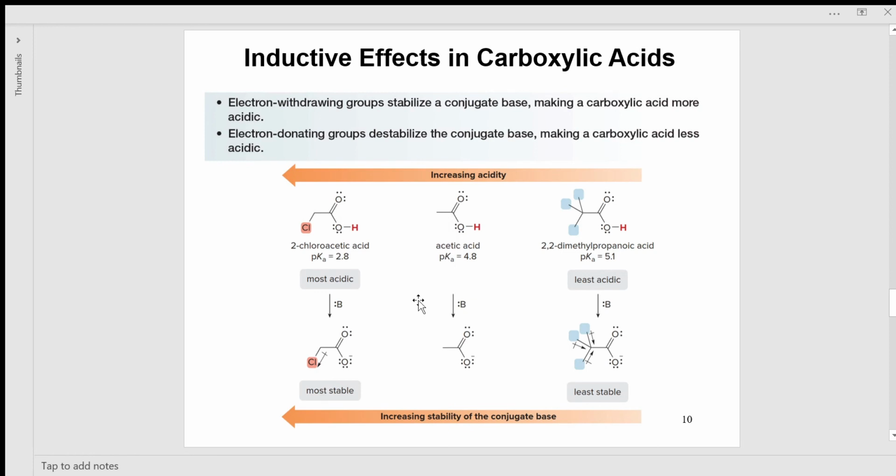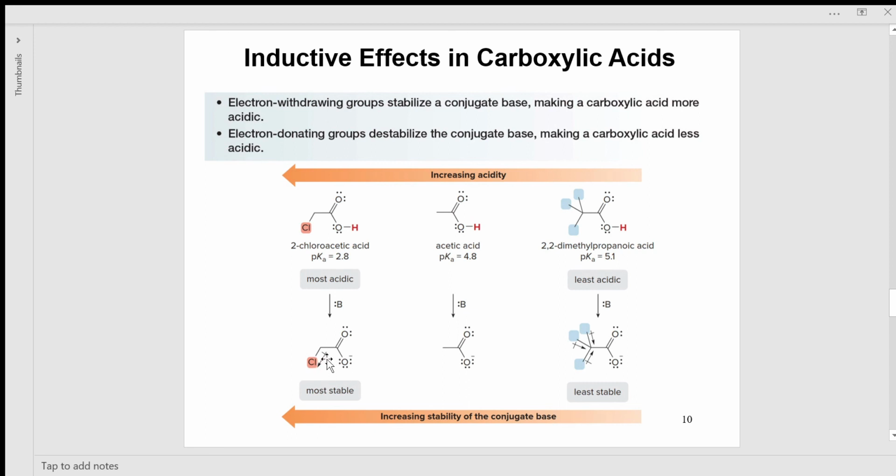The inductive effect in carboxylic acid, this concept was already covered in Chem 1. We use the same technique to compare the acidity. They are the same, they are all carboxylic acids. So we draw the conjugate base. Again, the instability is caused by the negative charge.